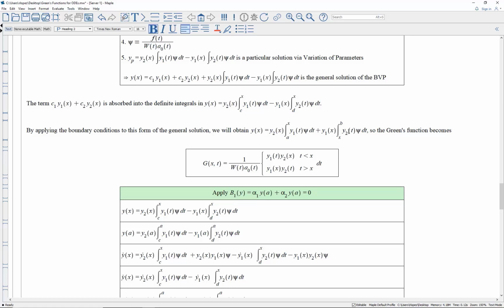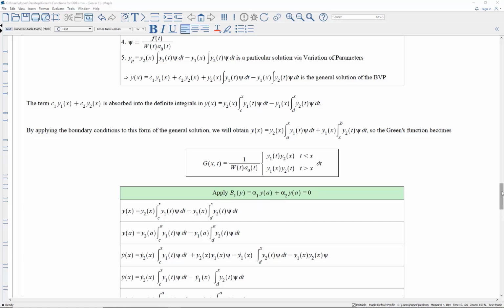And when you're integrating here, t is greater than x, and you have y1 at x, y2 of t. And so finally, the mystery of where did this Green's function thing come from is revealed. It comes from variation of parameters.